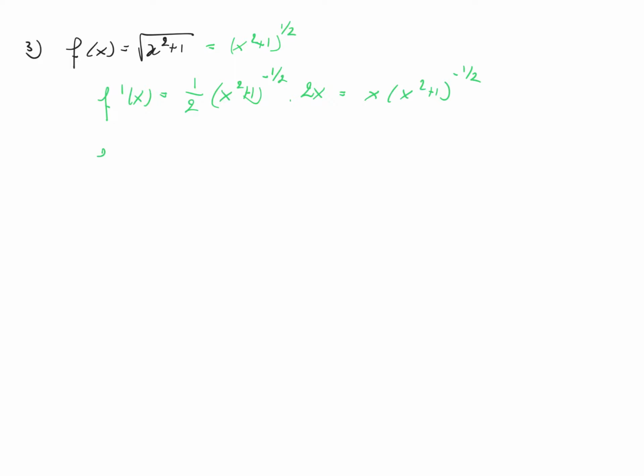Then we calculate the second order derivative, so f double prime of x. We have a multiplication, x times x squared plus 1 to the power minus 1/2. So we apply the multiplication rule.